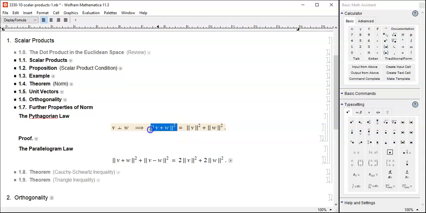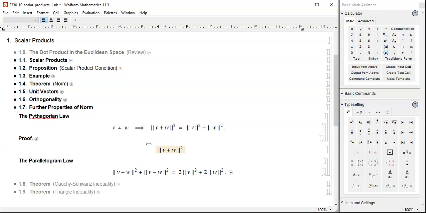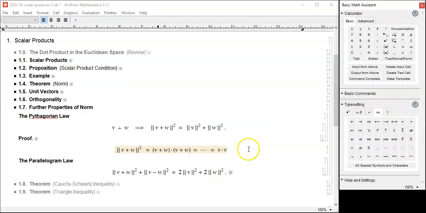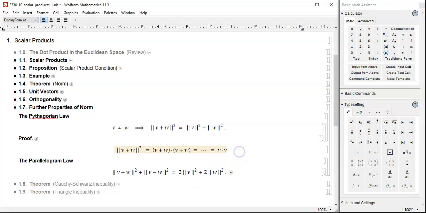Okay, let's start from the left-hand side. And this is v plus w dot v plus w, isn't it? And then the right-hand side is v dot v plus w dot w.